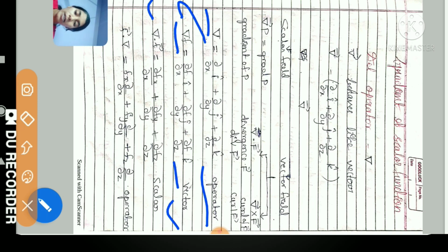Here del dot f vector: if you take the dot product with the function, you can write it as dou fx by dou x plus dou fy by dou y plus dou fz by dou z. This is known as a scalar product, which means the value you get after this multiplication will be in the form of a scalar.